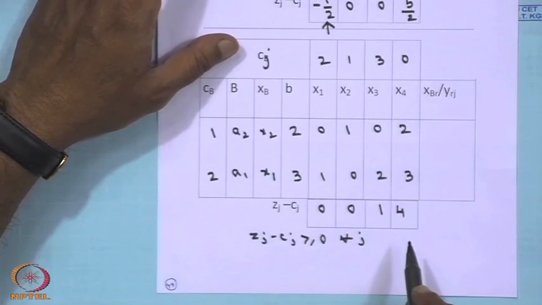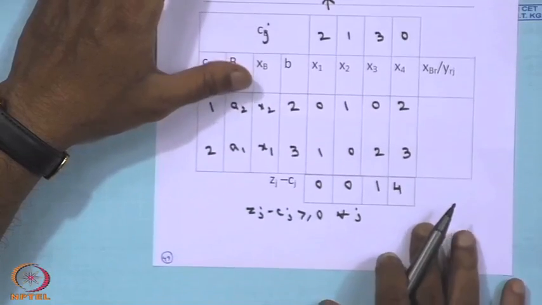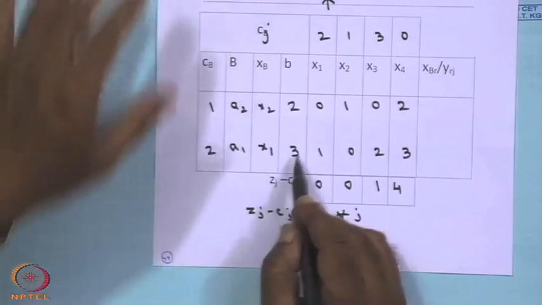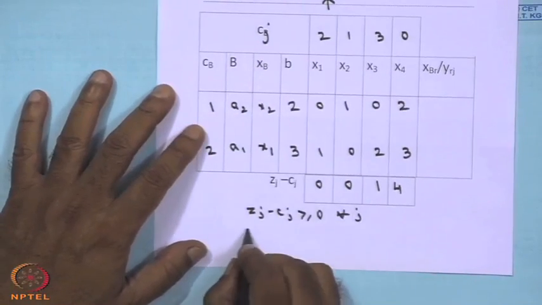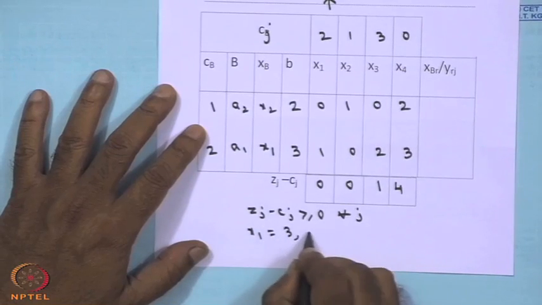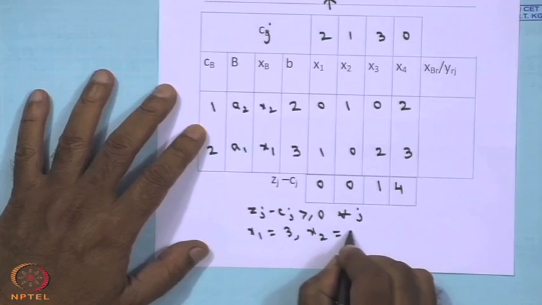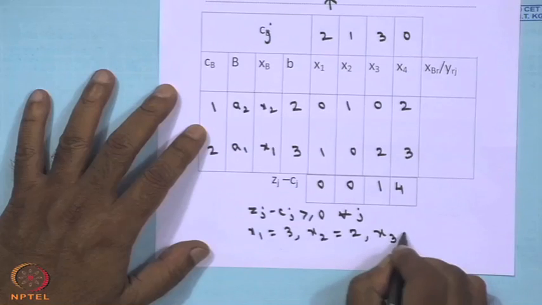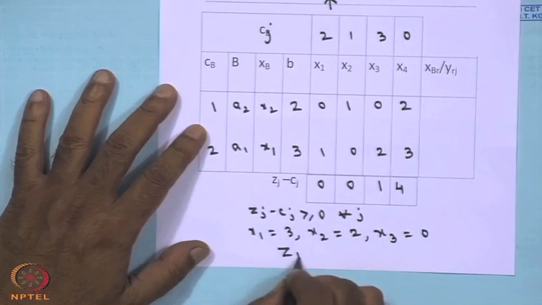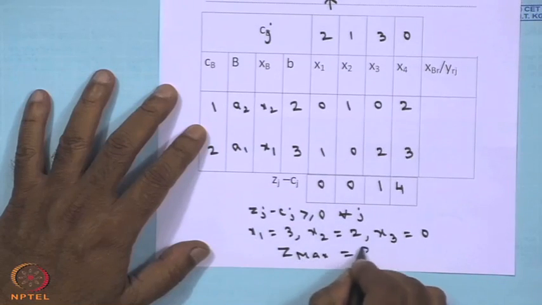So, we can say that the optimal solution is unique. And what is the solution? From the basic variables we obtain x 1 equals 3, x 2 equals 2, x 3 is not present, so x 3 is 0, and z max is equal to 8.